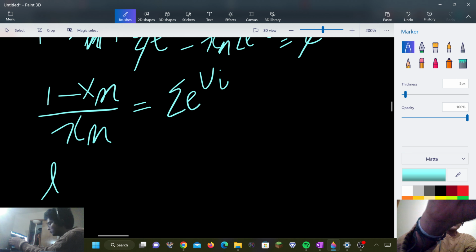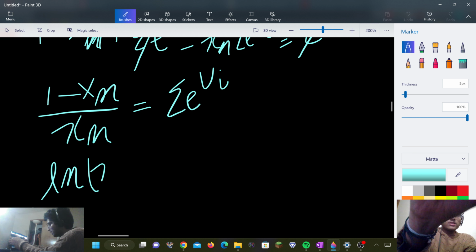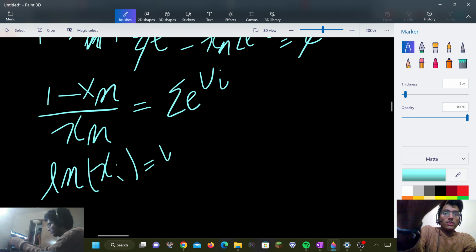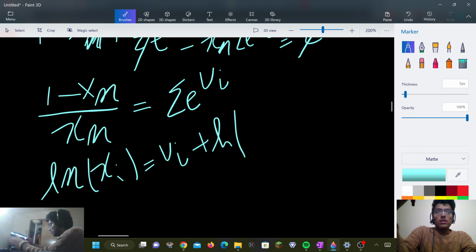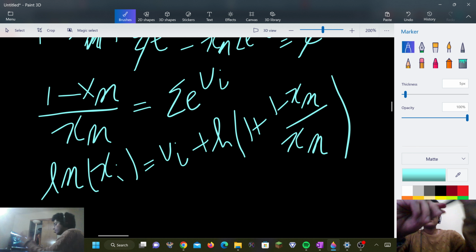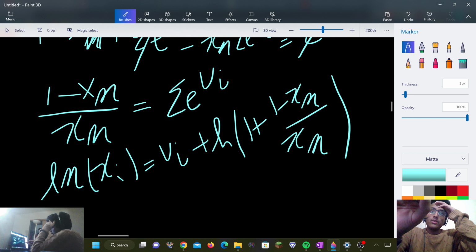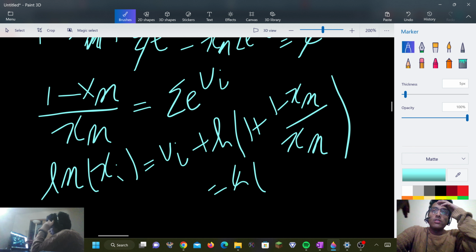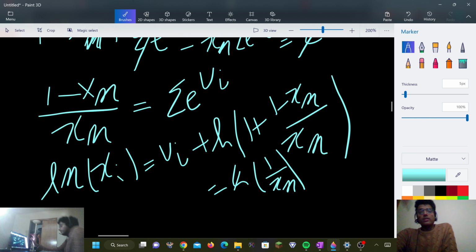So natural log x_i equals v_i minus the natural log of 1 plus (1 minus x_n) over x_n. The first thing we can do is turn this into ln of 1 over x_n.